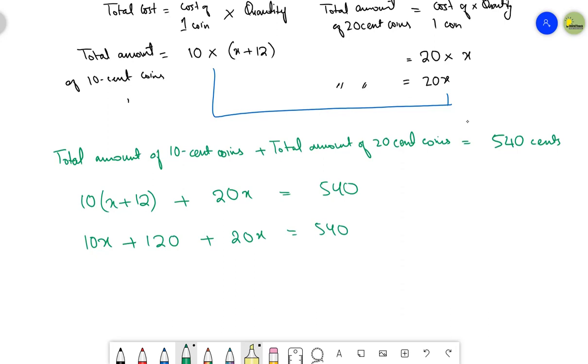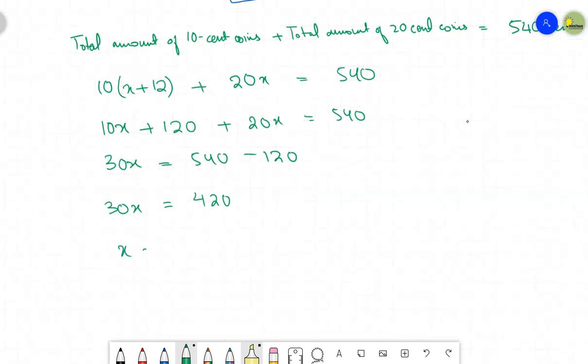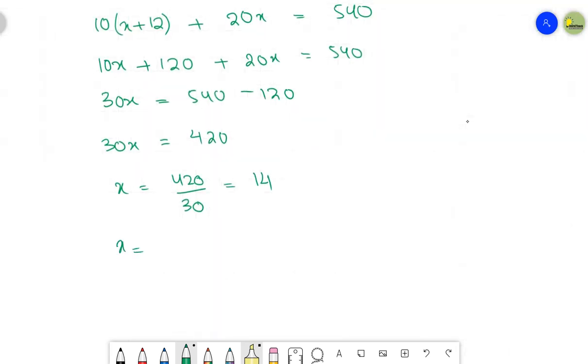Now 10x and 20x are added, it becomes 30x, and 120 will be moved to the other side. Now 540 minus 120 gives us 420. And this is 30x. If I divide 420 by 30, I get 14. So x, the unknown value, is equal to 14.